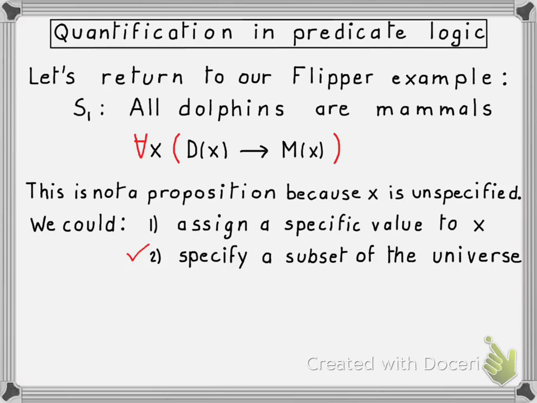And by the way, this symbol here is called a quantifier, and this whole process of extending an expression like this one and turning it into a proposition by preceding it with a quantifier is called quantification. Now let me make two observations about quantification.